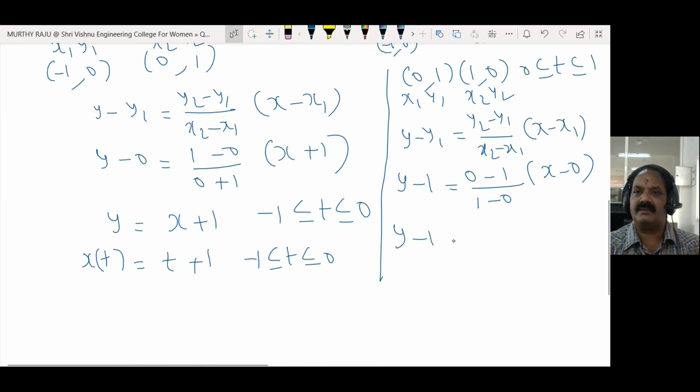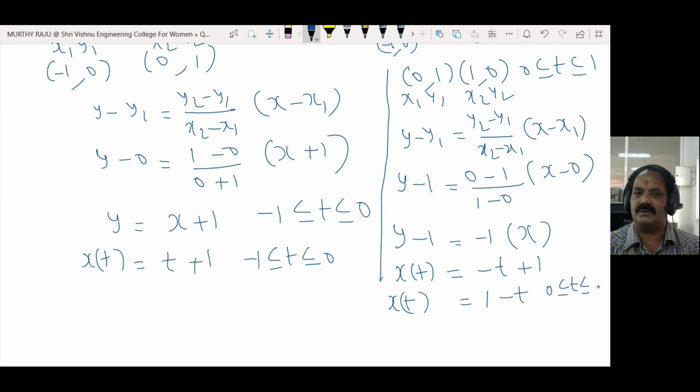That is y minus 1 equals minus 1 by plus 1, which is minus 1, into x. Here y means x of t and x means time t. Bringing minus t to the other side, x of t is 1 minus t in the interval 0 less than or equal to t less than or equal to 1.